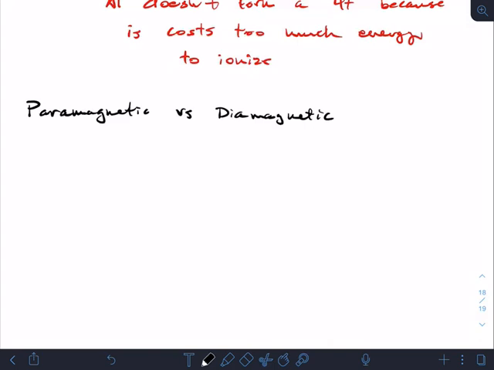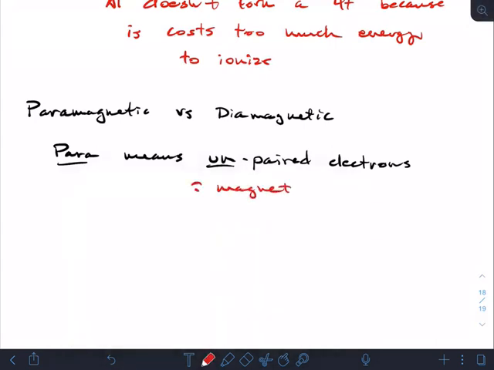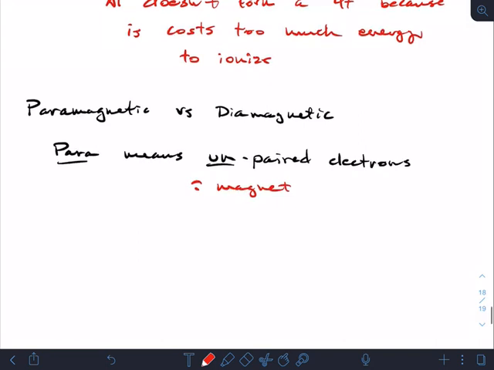For a long time it took me a long time to figure out which was which. And what I ended up settling on is that para means unpaired. Para means unpaired electrons. And that, my friends, makes something magnetic.